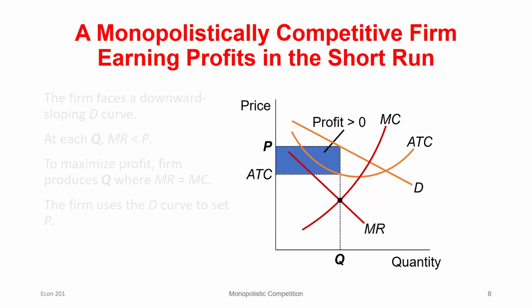The difference between my average total and my average variable. So we're going to have a way to look at this visually, about how we identify this in a graph. So the quantity we're producing times the difference between average total and average variable cost will tell me my fixed costs, in which case if I shut down, my profits are simply negative whatever those fixed costs are.